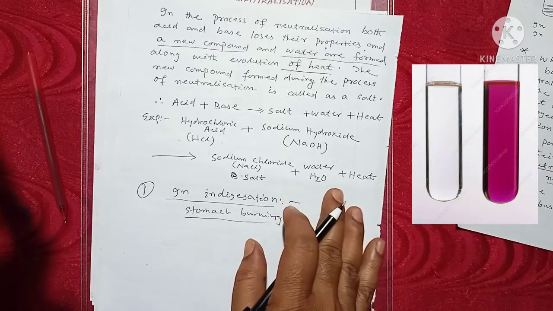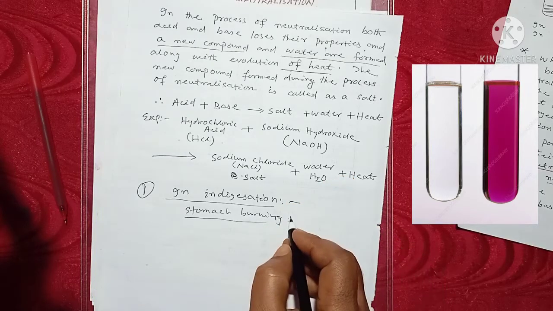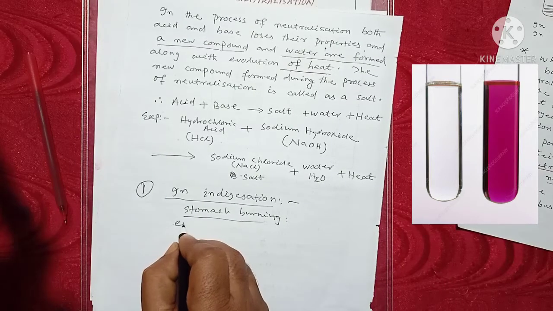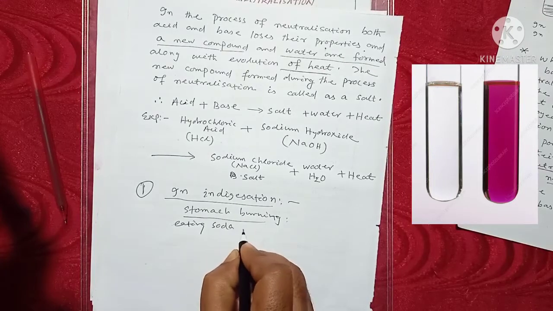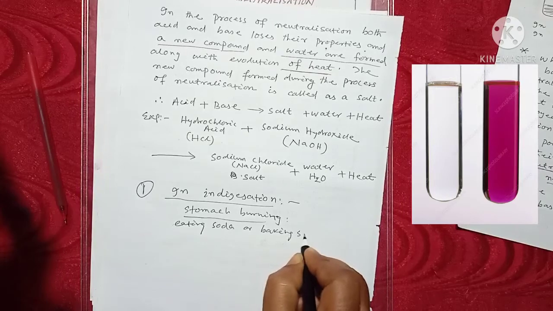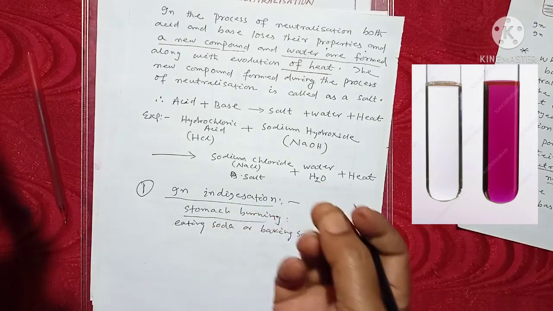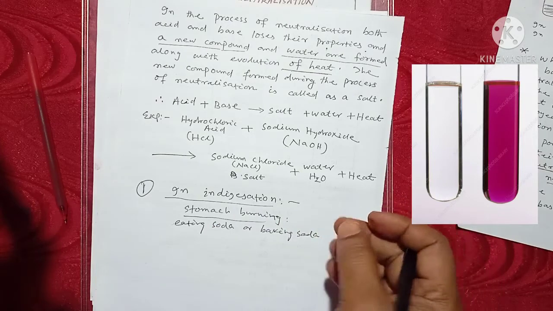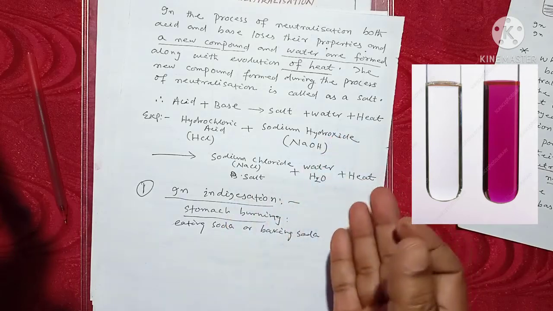To get relief from it, we use a base like eating soda, that is known as baking soda. By taking a pinch of eating soda or baking soda and drinking water, we will get relief from our stomach burning.